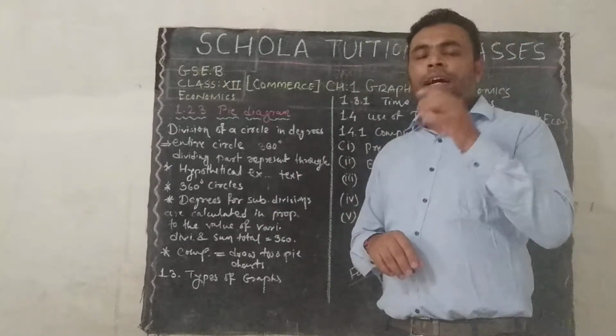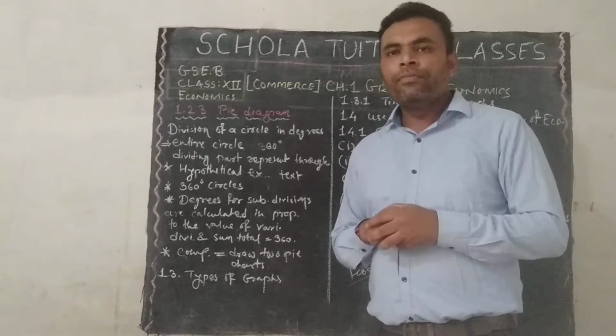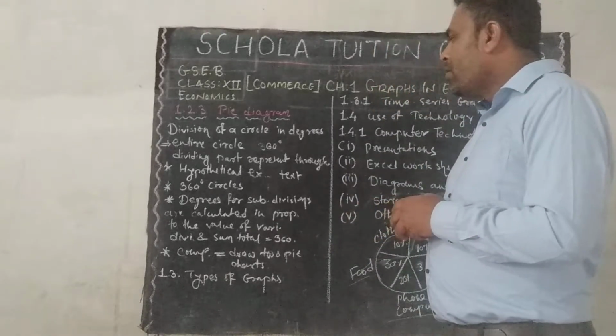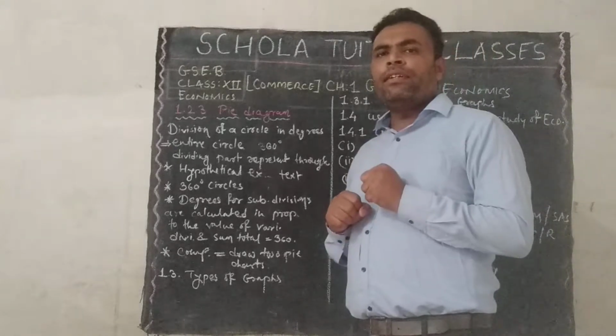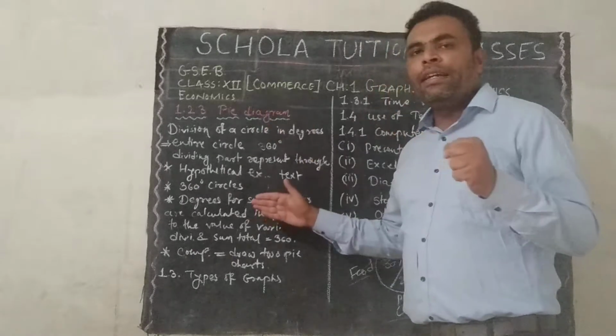In your text, a hypothetical example is given. Please refer to it. So, what care should be taken while preparing this type of pie diagram?